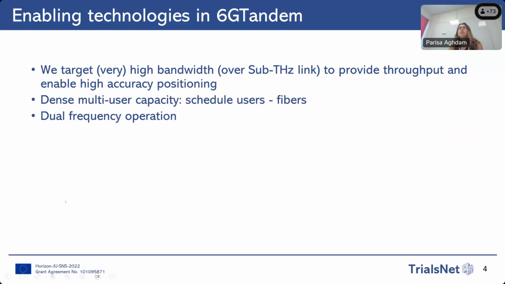So speaking of enabling technologies in 6G Tandem, as I have previously mentioned, we target very high bandwidth over the sub-terahertz link to provide throughput and enable high accuracy positioning. That's one of the services we are also investigating. And then using the fibers, and you should mind this, that it is not really the optical fiber, it is analog signals over fiber. And the fiber is a plastic microwave fiber.